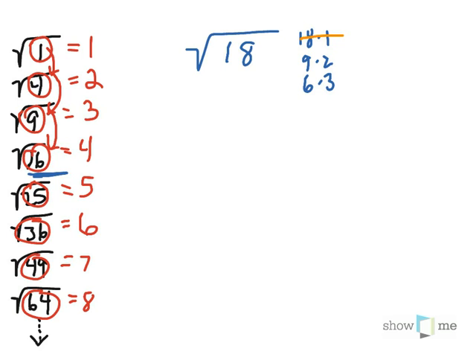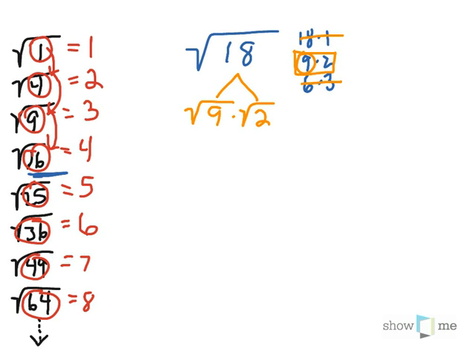Nothing ever changes with a 1. 6 and 3, neither one of those is a perfect square, but 9 is a perfect square, so this is the combination I'm going to use. 18 is not a perfect square, but 9 is, and 9 is hidden within that number. We're going to try to take it out. I'm going to write it as the square root of 9 times the square root of 2. 9 times 2 is still 18.